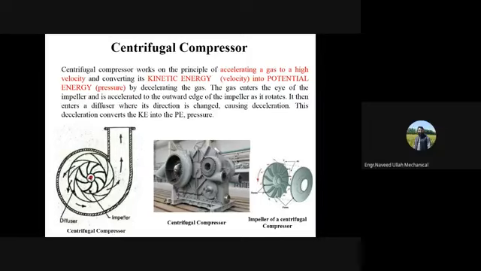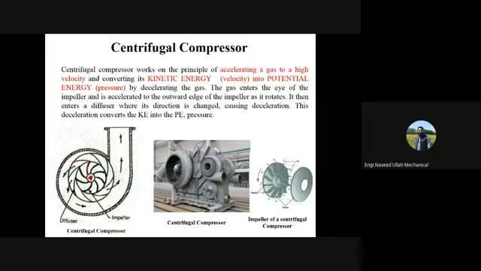So the gas enters the eye of the impeller and is accelerated to the outward edge of the impeller as it rotates. The gas comes here and impinges on this impeller, and since the impeller rotates, it imparts kinetic energy to the working fluid impinging over here, right?